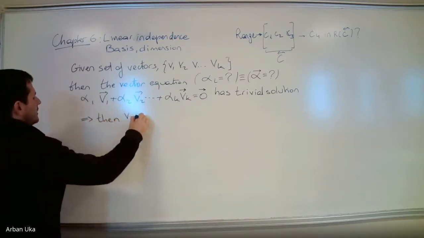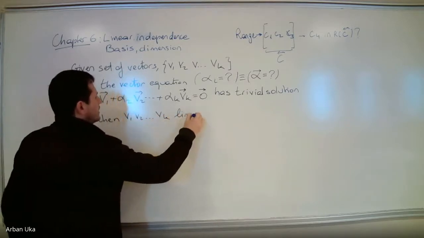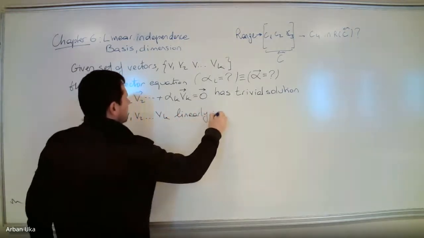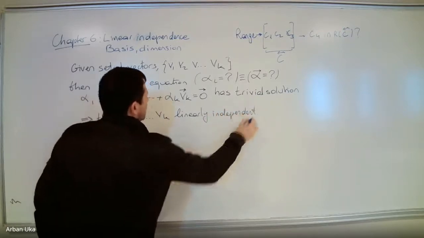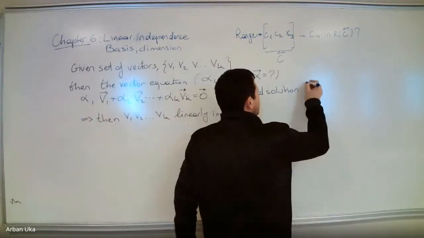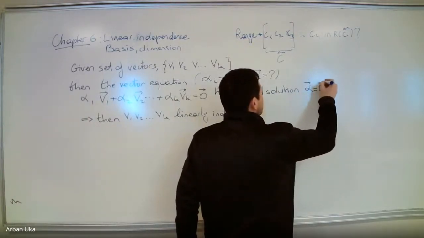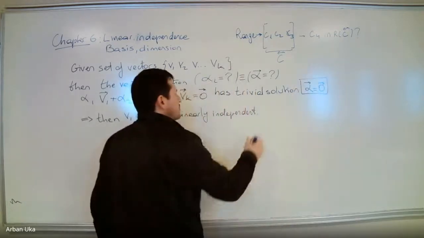Then v1, v2, up to vk are linearly independent. With trivial solution, we mean the following: this alpha vector is equal to the 0 vector. So this is what the trivial solution means.